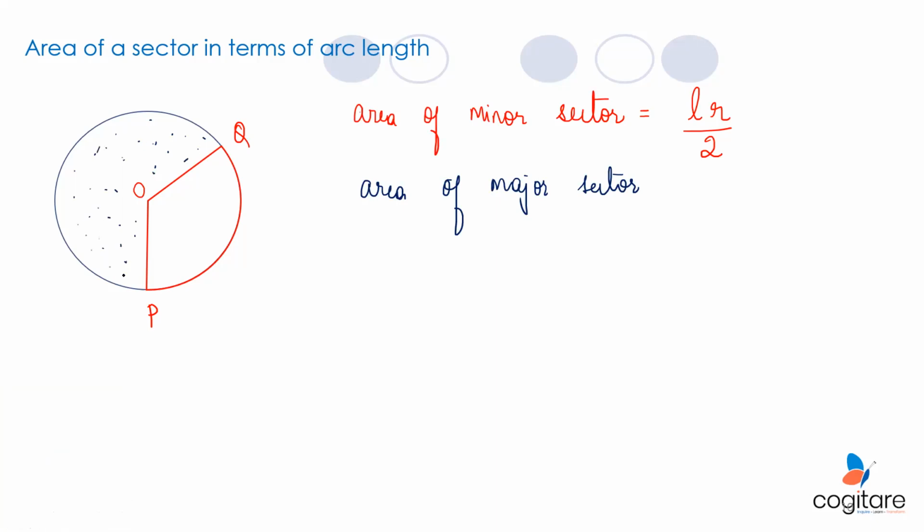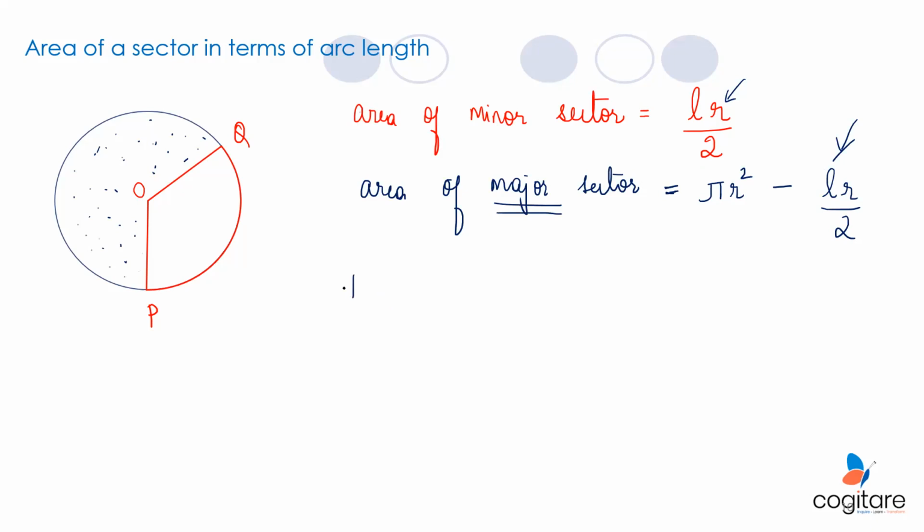If this area is asked, what are you going to do, guys? You know the radius of the circle, so obviously it is pi r squared, which is the area of the entire circle, minus the area of the minor sector, which is LR by 2, right?